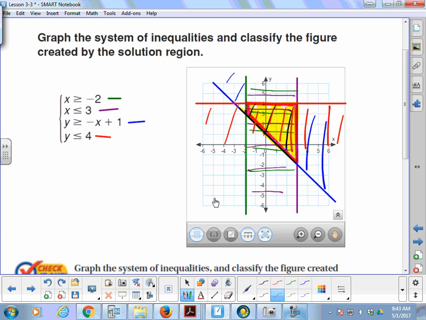Not a square, not a rectangle, not a parallelogram, but I have one pair of parallel sides, from x equals -2 to x equals 3. So that means this is a trapezoid. You just have to identify them. Once you get them drawn and shaded, what is that thing? In this case, it's a trapezoid.